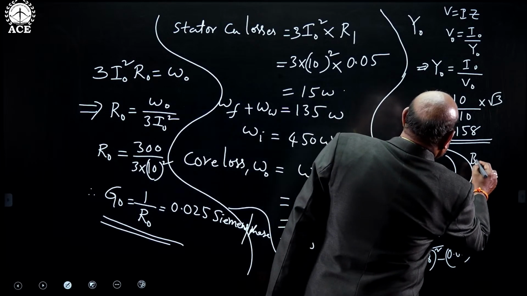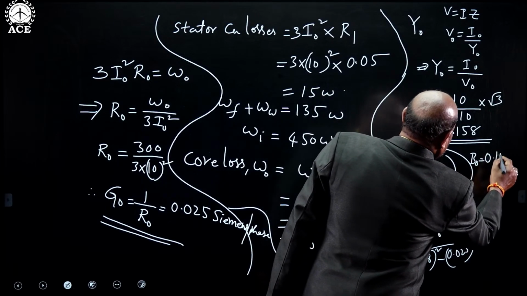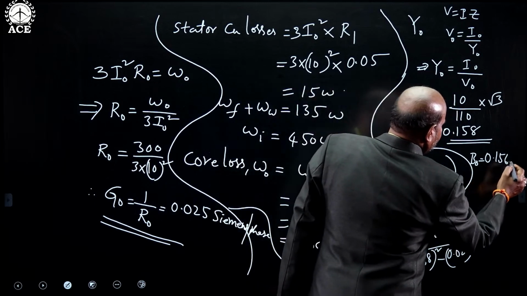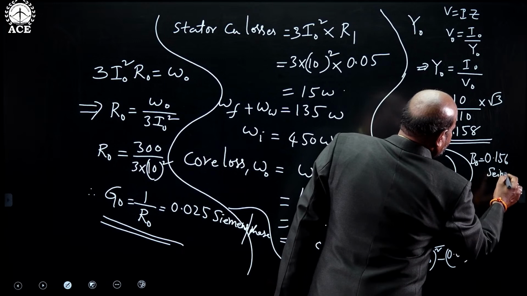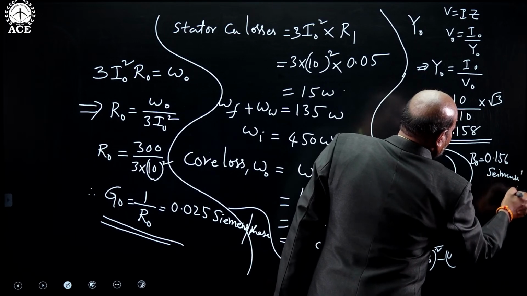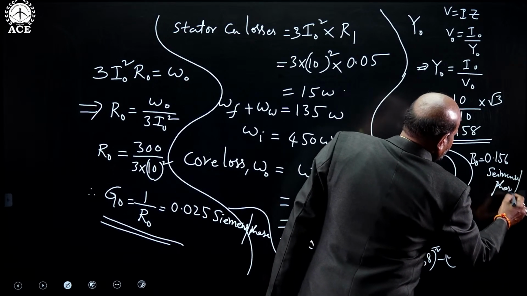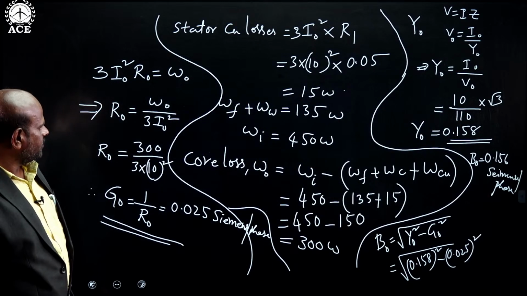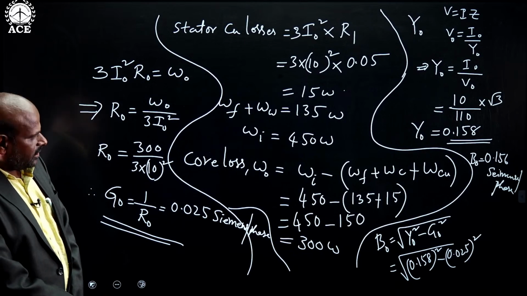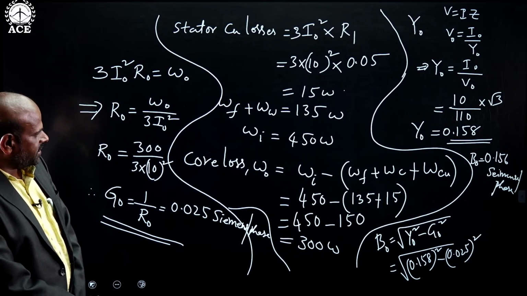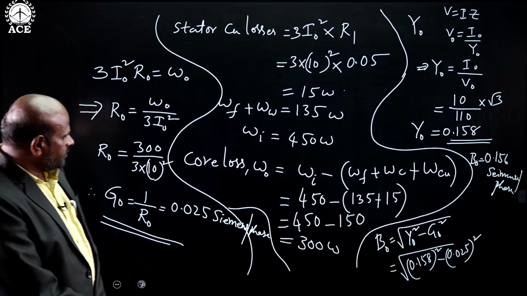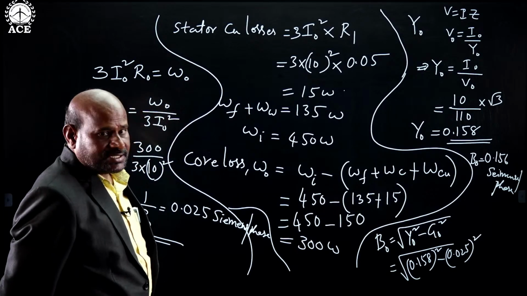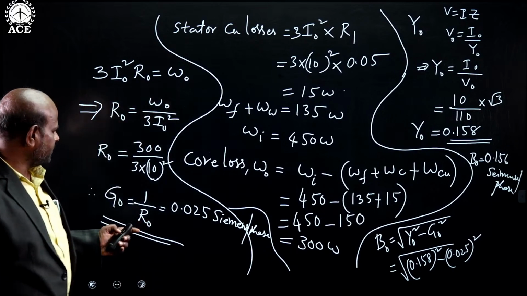B naught will be 0.156. The units for this is also Siemens per phase, right? So here the problem is asking susceptance and conductance, not resistance and reactance. So in this way we can do this problem.